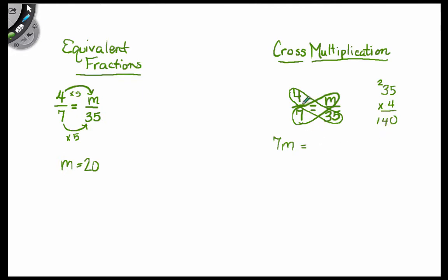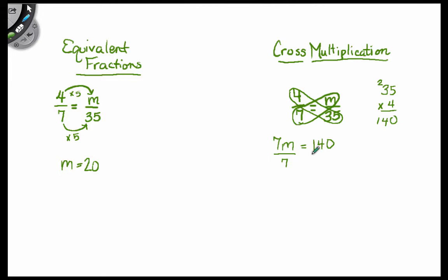So now, after multiplying the diagonals, 7 times m, 4 times 35, we have 7m equals 140. And now we have a multiplication equation just like we had been working on in the past few days. So we can take our 7m, and to isolate the variable, we divide by 7.